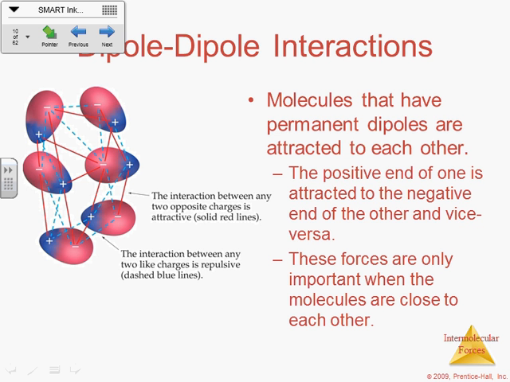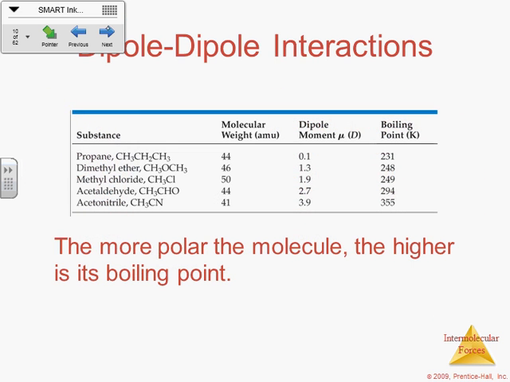This isn't like an ionic compound where it's got a completely 1- or 1+ charge. These are partial charges due to the unequal sharing of electrons. Because of that, you're going to have a fairly weak charge, which means that it's only when they're close to one another that these forces actually become important.